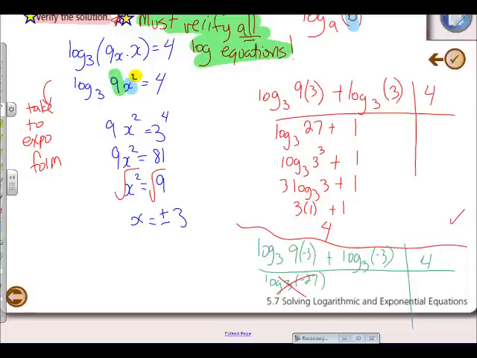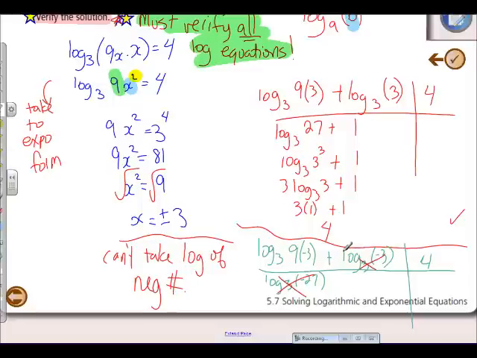Right now, that's a no-go. You can't take the log of a negative number.